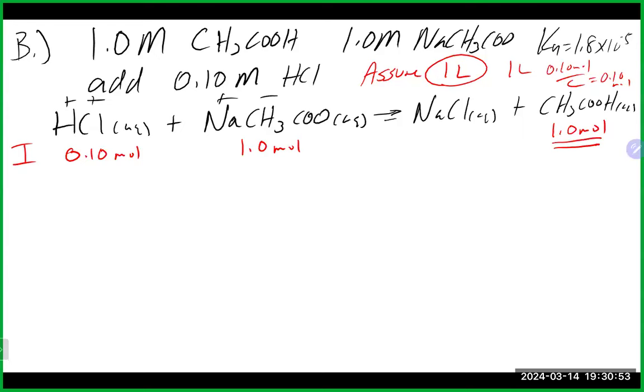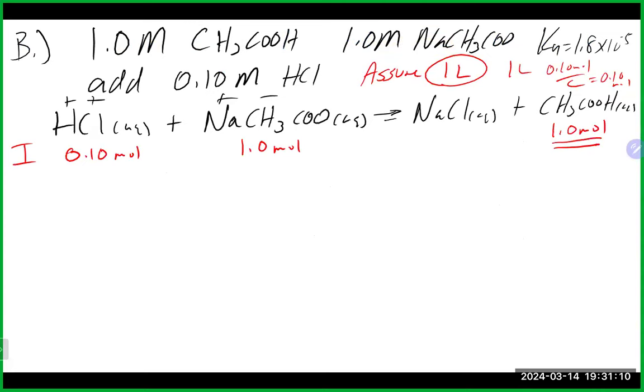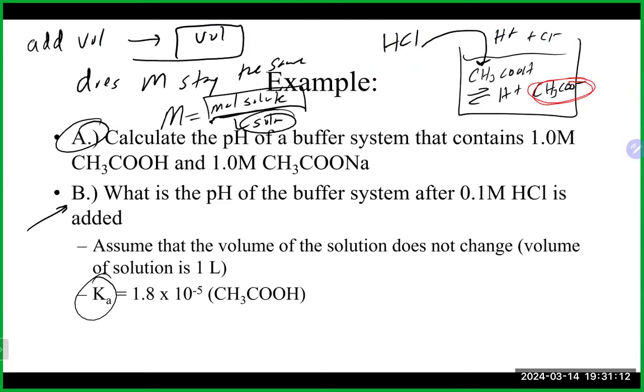So when I toss my HCl into this buffer, what's going to happen is we're going to get this reaction. And what I want to know is, what should happen to the HCl? Should it still remain? Should it get used up? What's going to happen in this case?